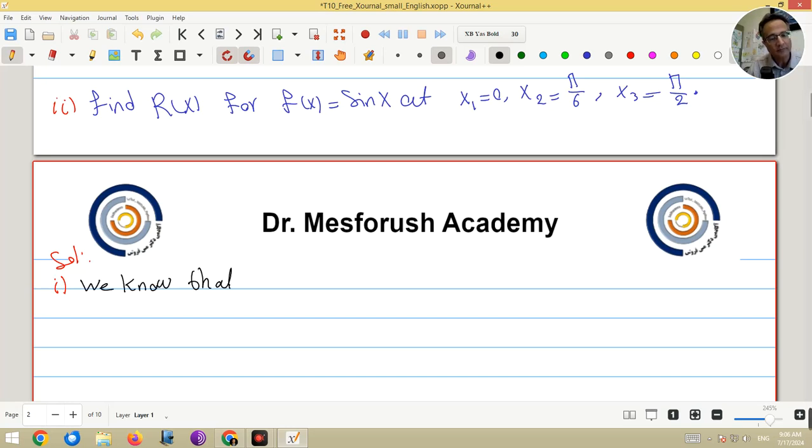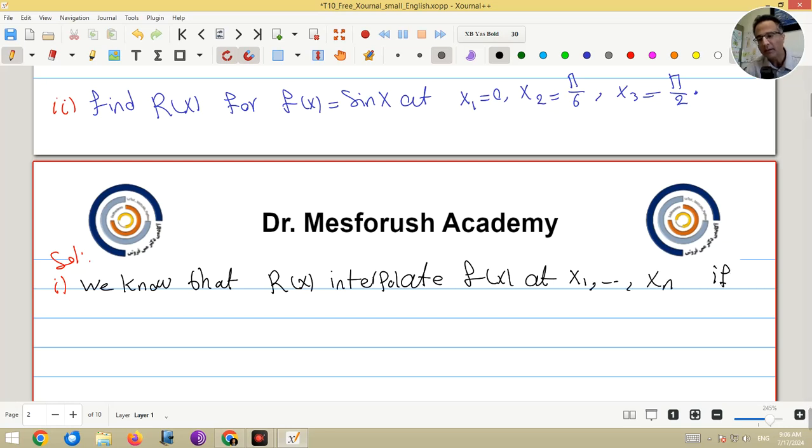We know that r of x interpolates f of x at x1 to xn if r at xi is equal to f at xi for i equal to 1 to n.